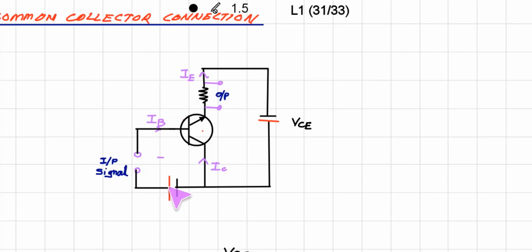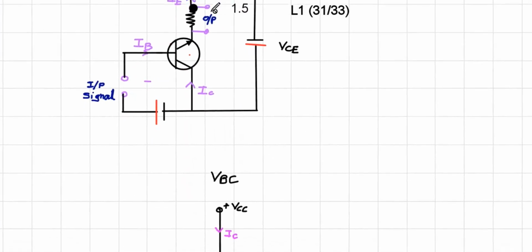Because the VCC source has zero resistance to AC, ideally, for an AC signal, we can say that the collector is the common terminal between input and output. So in short, we can look at the circuit in this way.